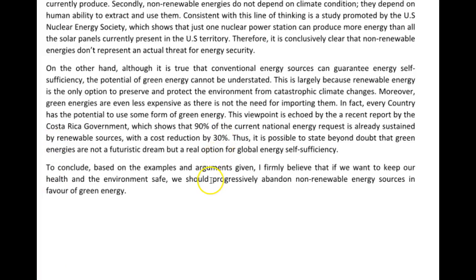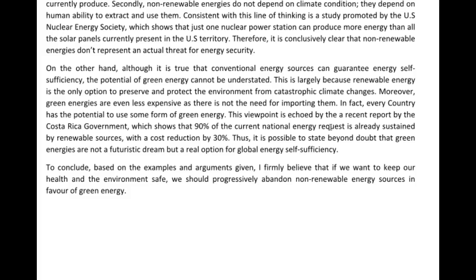This viewpoint is echoed by the recent report by the Costa Rica government, which shows that 90% of the current national energy demand is already sustained by renewable sources with a cost reduction by 30%. Thus, it is possible to state beyond doubt that green energies are not a futuristic dream, but a real option for global energy self-sufficiency.